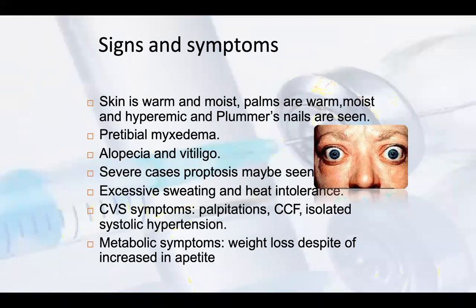Pretibial myxedema, alopecia, and vitiligo. In severe cases, proptosis may be seen. Excessive sweating and heat intolerance. Severe symptoms: palpitation, CCF, isolated systolic hypertension. There can be metabolic symptoms, weight loss despite increase in appetite.